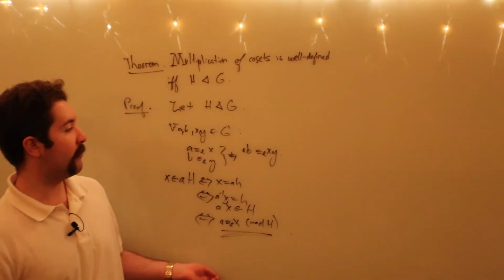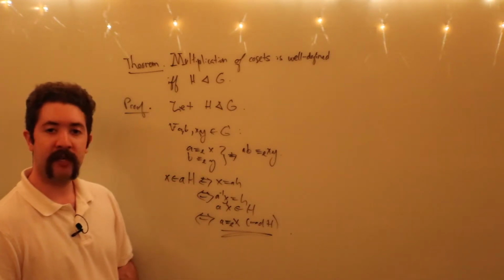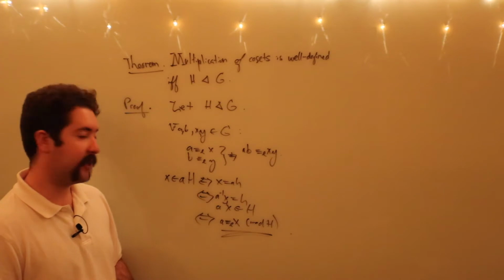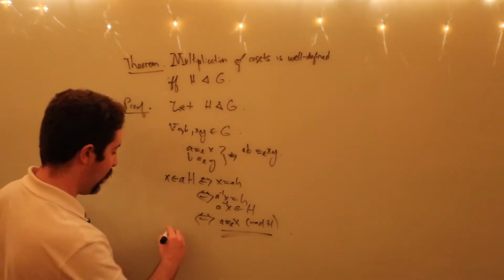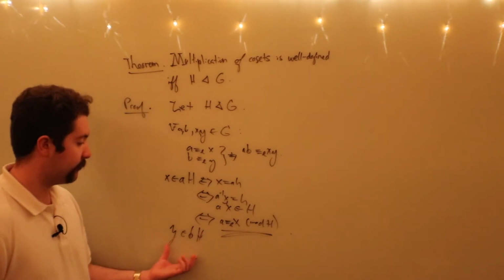The same could be said for Y. Since we know this is true, we can follow this chain of if and only ifs back to show that X is in the left coset AH, and Y is thus also in BH.